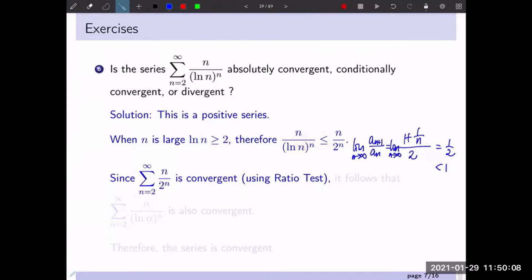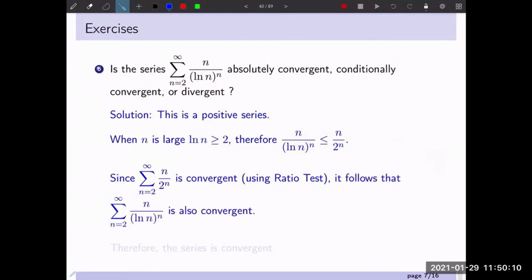This is the comparison test. So in this question, you use both the ratio test for the bigger series and the comparison test. You get that the smaller series is also convergent. Okay. If you use the ratio test directly for the original series, the computation is a little more complicated because you don't have a fixed number 2 here.